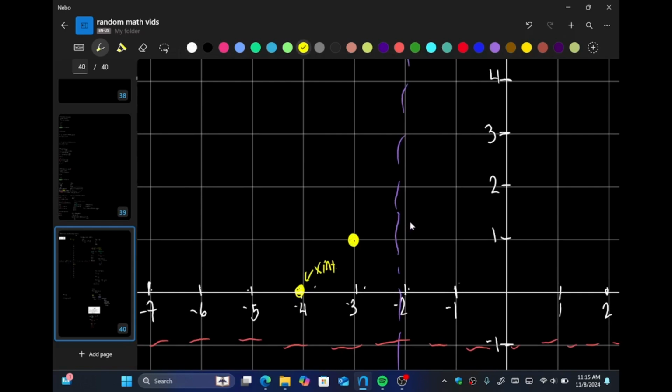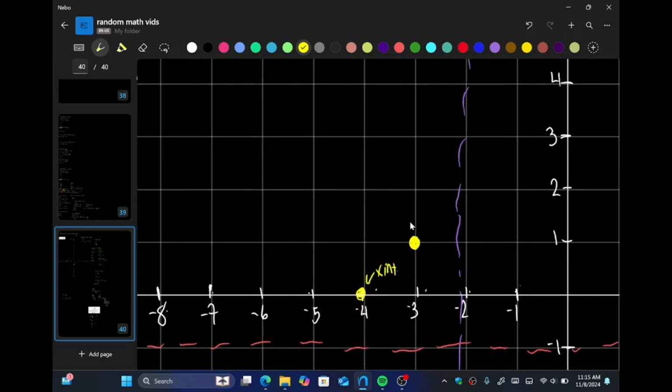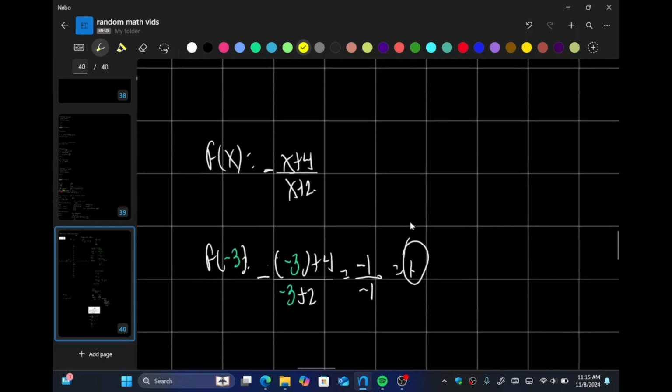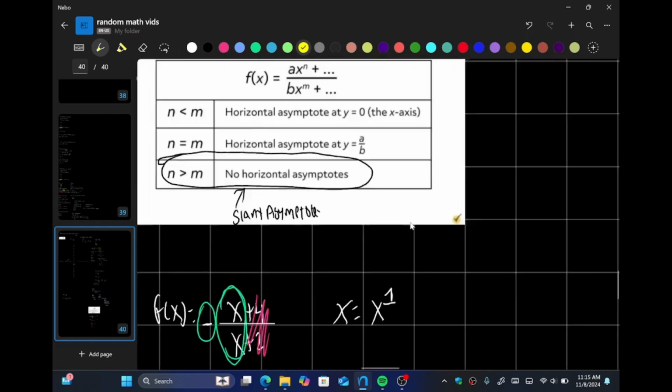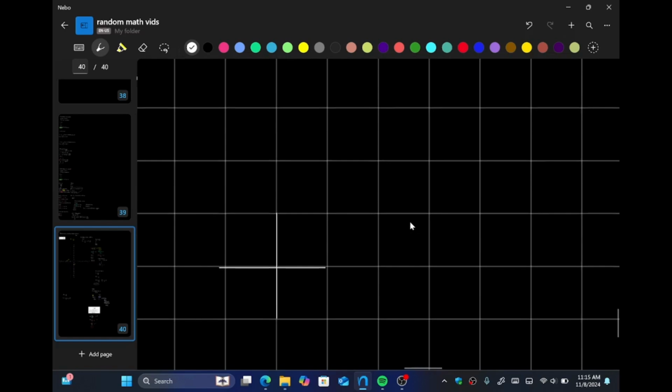And then, guys, if you think about it, a rational function that's of the form, I just want to state this right quick. When we have a rational function, and I'm just going to draw a random graph here, a little sketch, if y equals -a over x, then the graph looks like this.